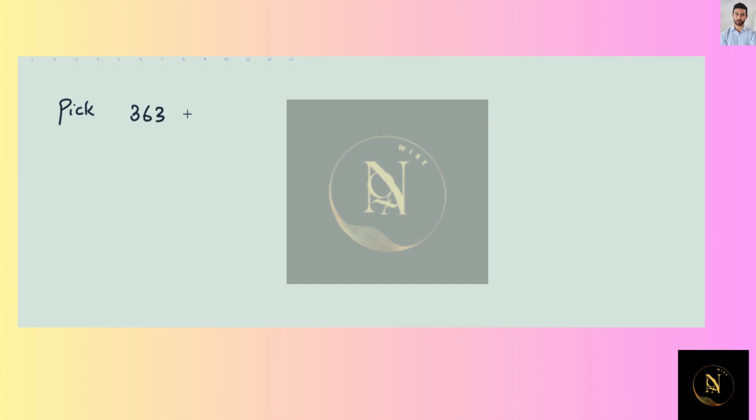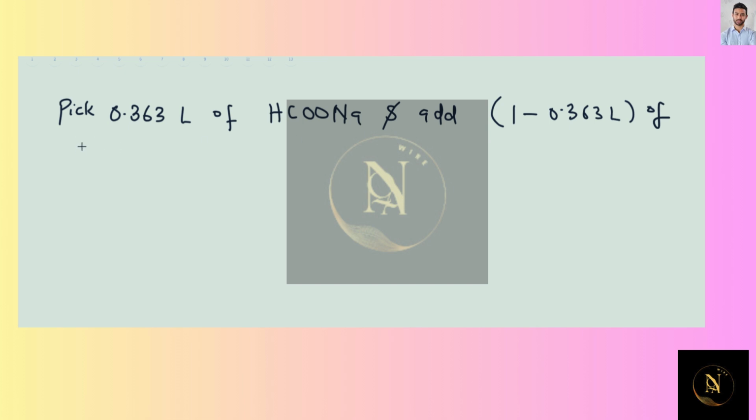So what we can do is pick 0.363 liters of the HCOONa and 1 minus 0.363 liters of the methanoic acid.